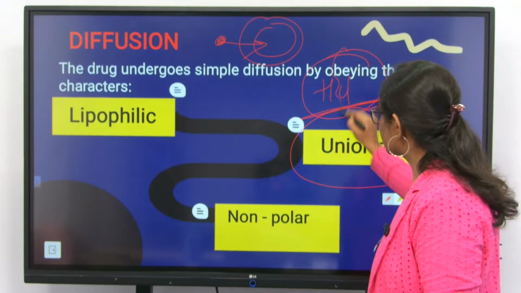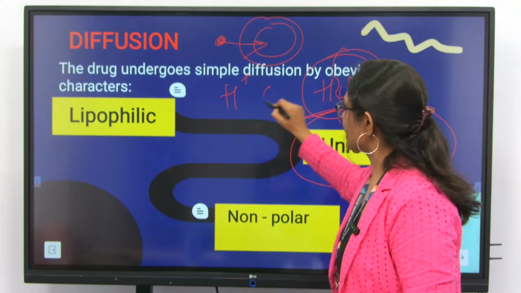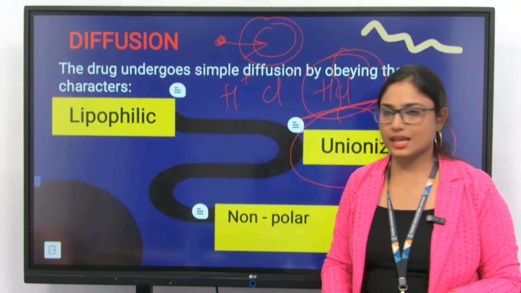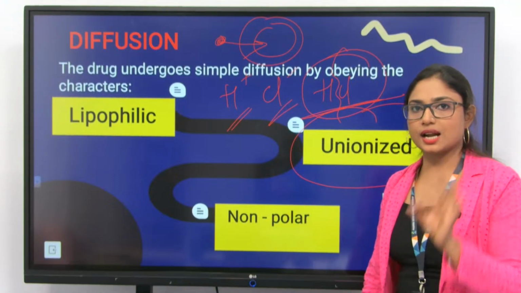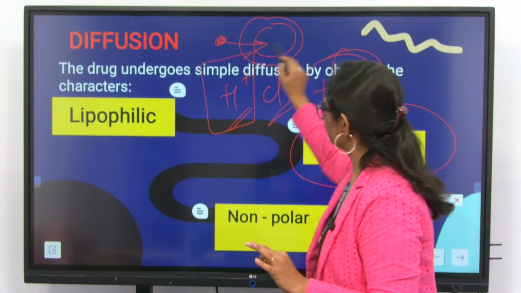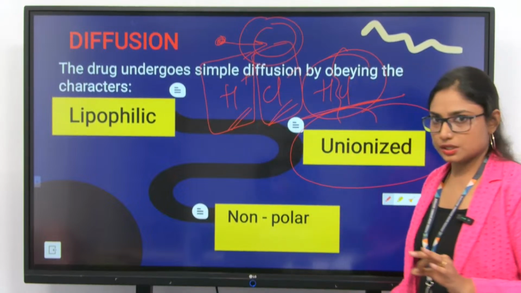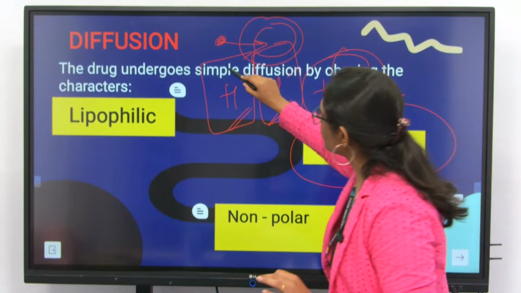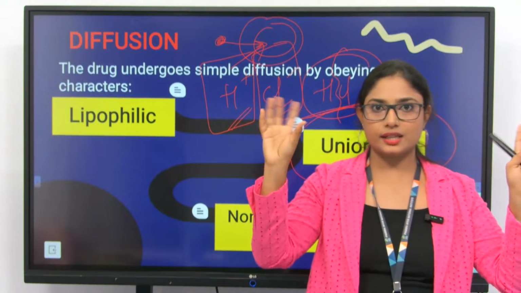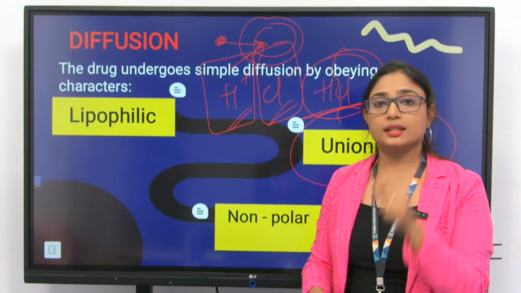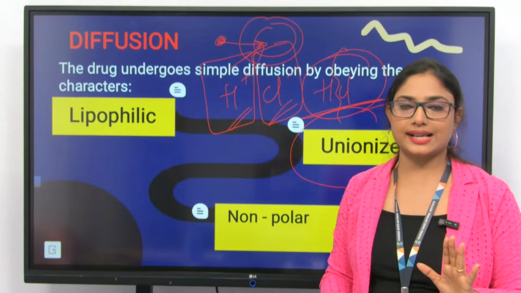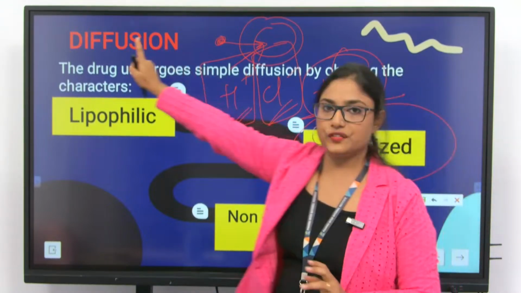When it splits, it will form H plus and Cl minus ions, that means a cation and an anion. If the drug is in this state with charges, it finds it difficult to cross a cell membrane because it carries charges. It cannot cross the gate easily. So the drug should be in an unionized state for easy diffusion.